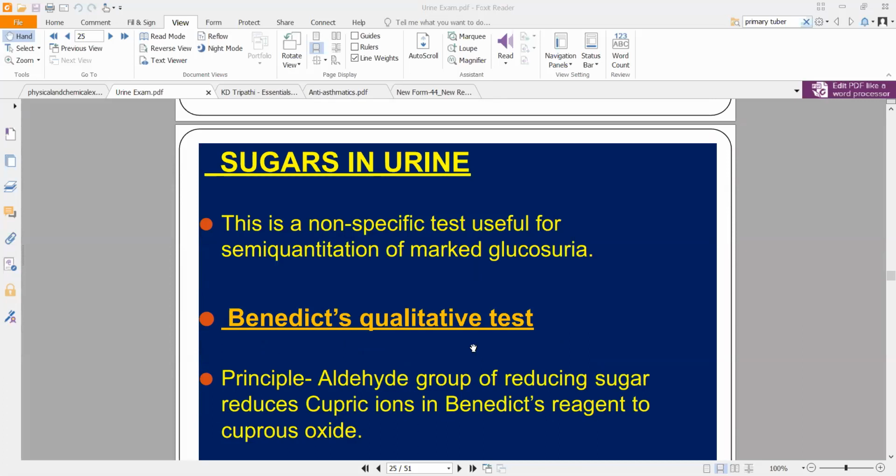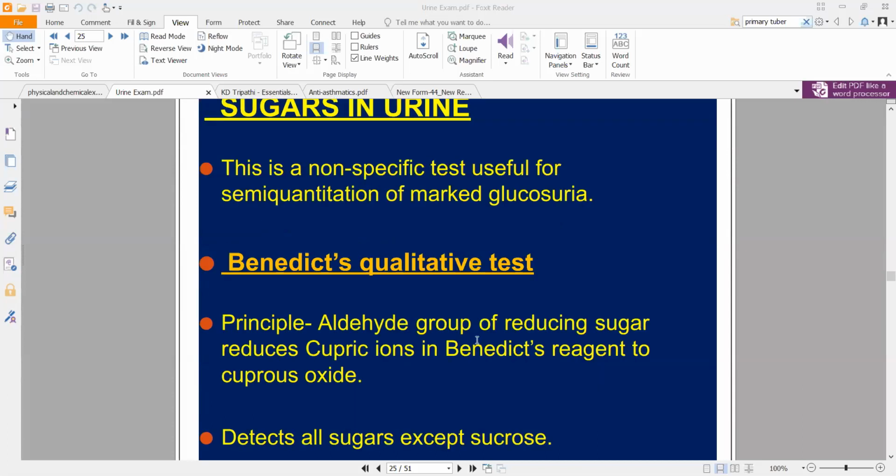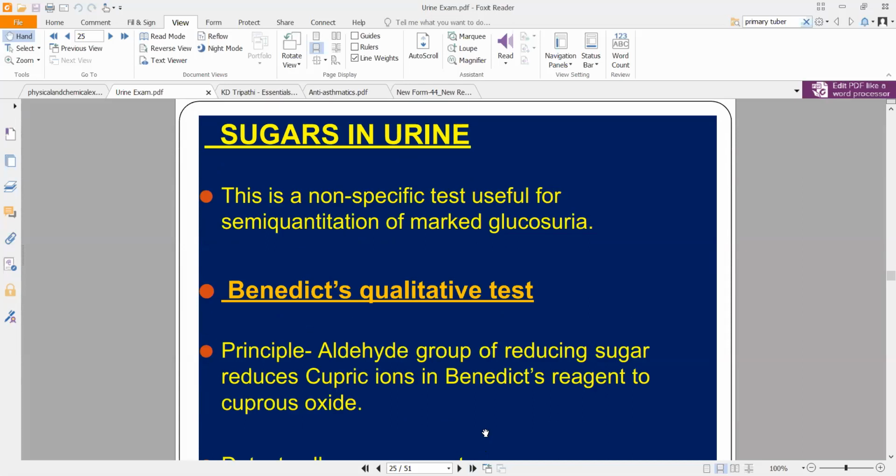Coming to sugars in urine, how do you test for sugars, specifically glucose? Through this test, you will not be able to test sucrose. That is the only exception. If you remember, I had given you the introduction to carbohydrates, and we'll go over that intro again when we start carbohydrates. There were several sugars: 3 carbon, 4 carbon, 5 carbon sugars, erythrose, ribose, fructose, glucose.